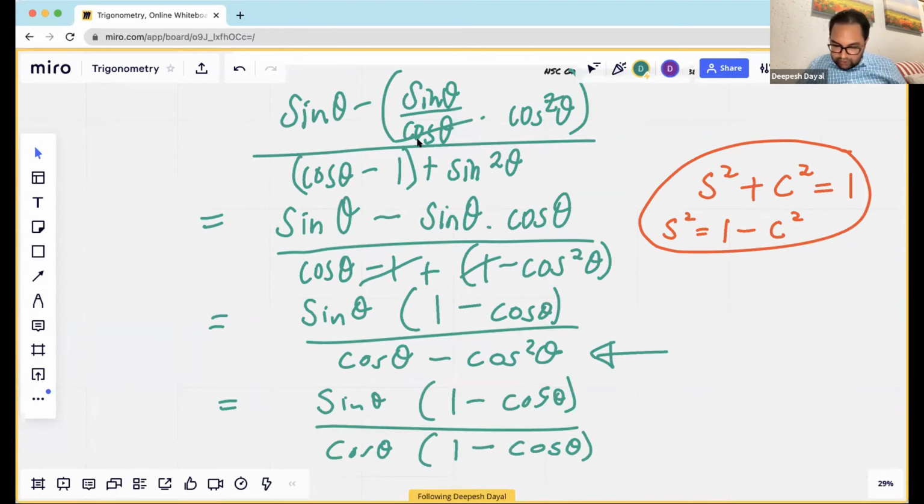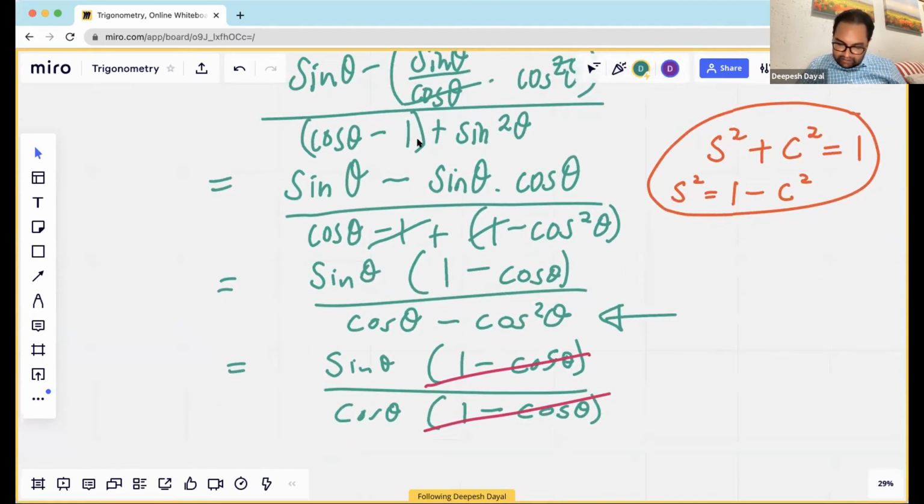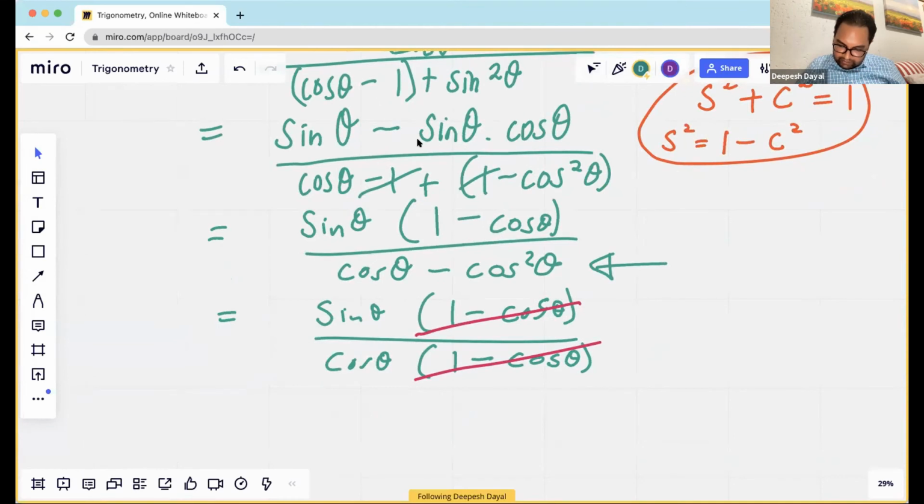What do we do now, Tumelo? We cancel out the 1 minus cos theta both ways, and we're left with sine theta over cos theta. And what is sine theta over cos theta? That's tan theta. Okay. Which equals the right-hand side here.